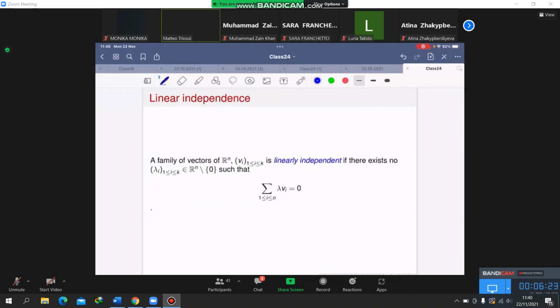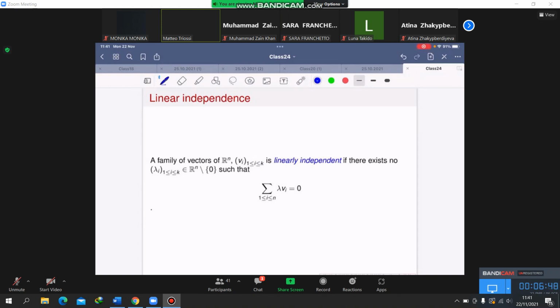Let's start from this definition and let's play a couple of minutes with this. So there are no scalars, and we need those scalars not being all zero.